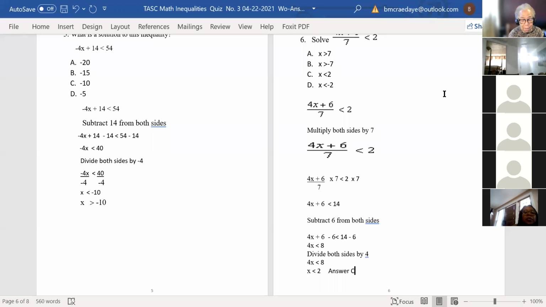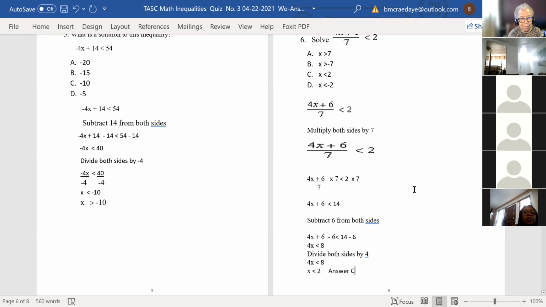This one now, remember we went through division examples, and the opposite of division is multiplication. This is division by 7, so we have to multiply both sides by 7. And what we have left is 4x plus 6. 7 times 2 is 14, so that'll be 4x plus 6 less than 14.